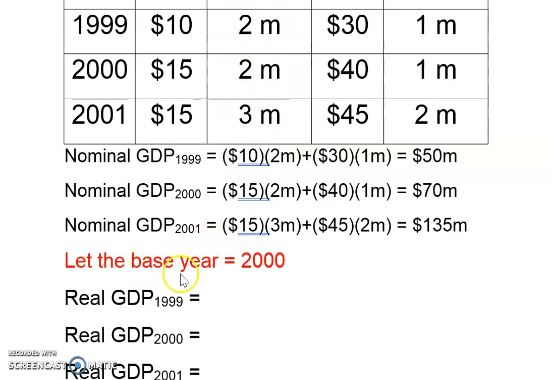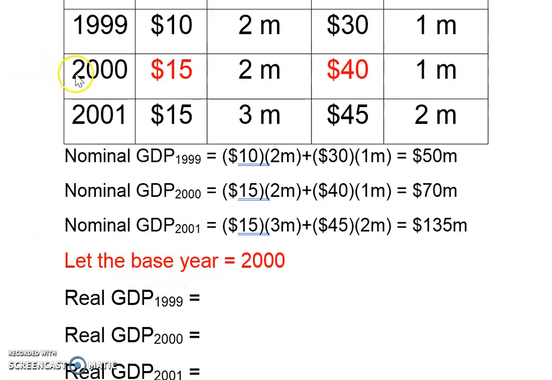So that is where the base year comes from. You can choose any year because the base year is artificial. In my example, I'm going to choose year 2000 as our base year. This means no matter which year's GDP you want to measure, you have to use the base year's price.